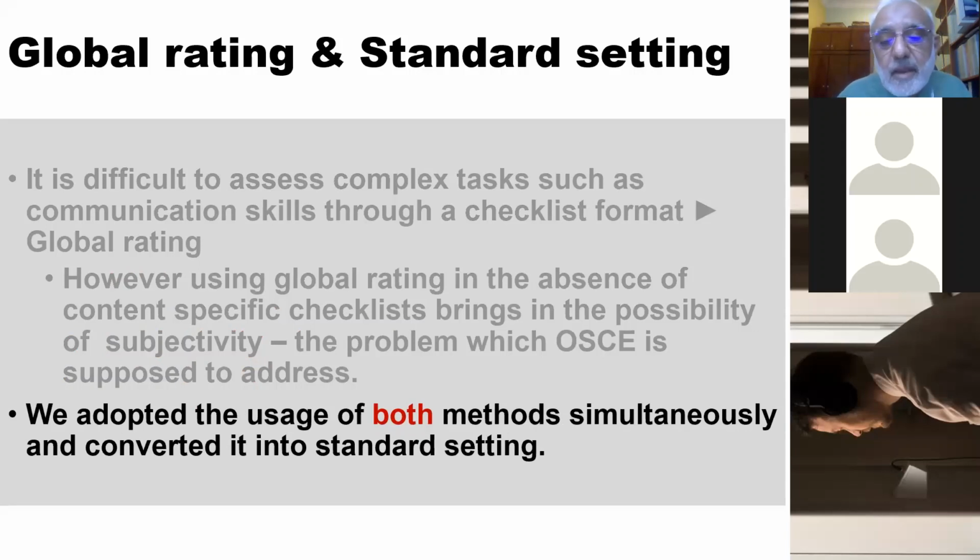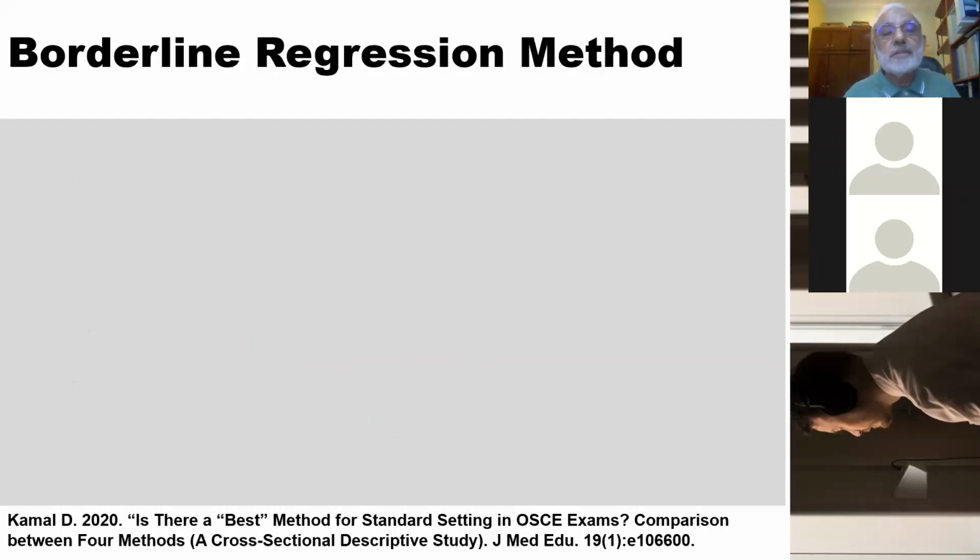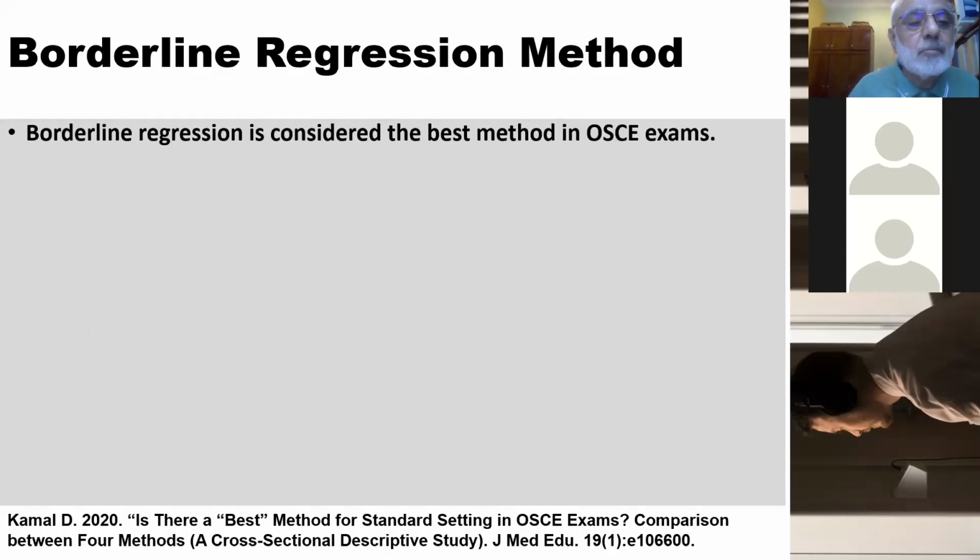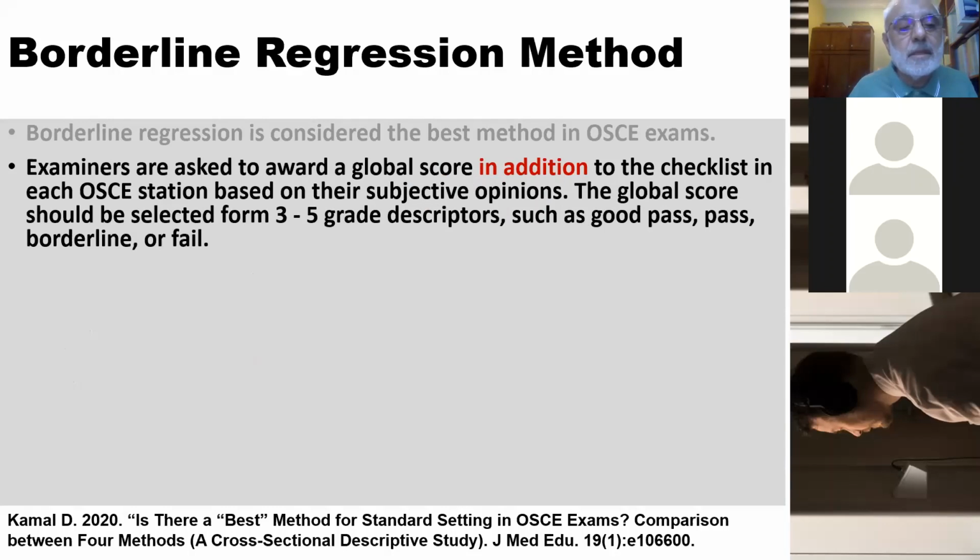So we have to use both the checklist as well as global rating, and then using this information, we can do the standard setting by what is called the borderline regression method. Borderline regression is considered the best method of assessment in OSCE examination.